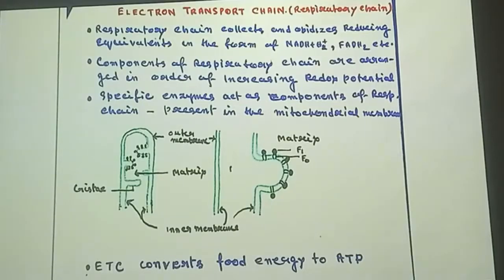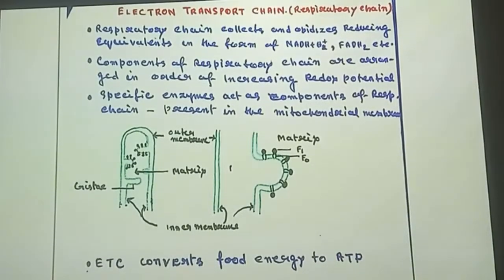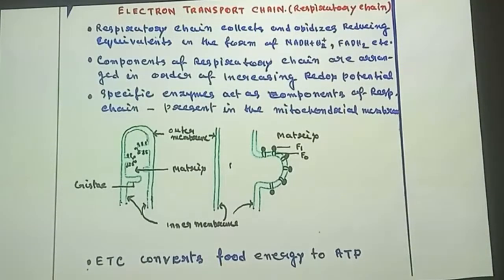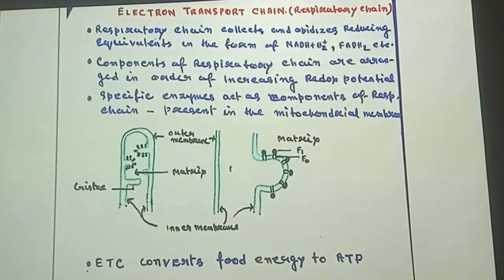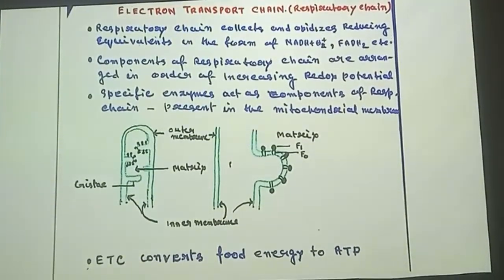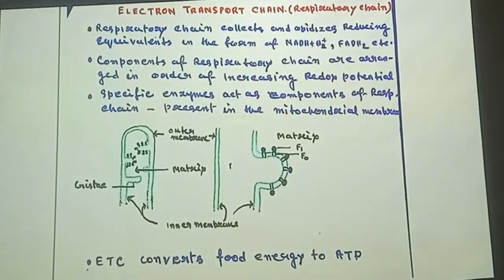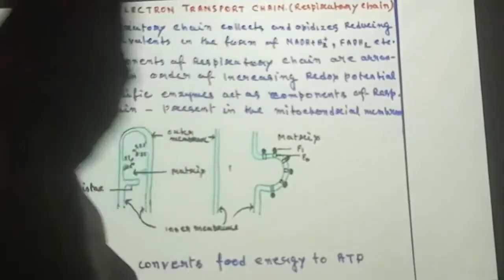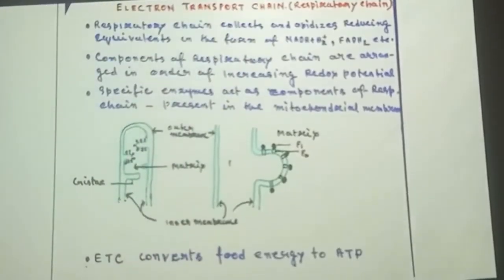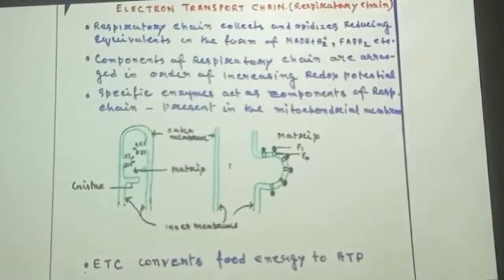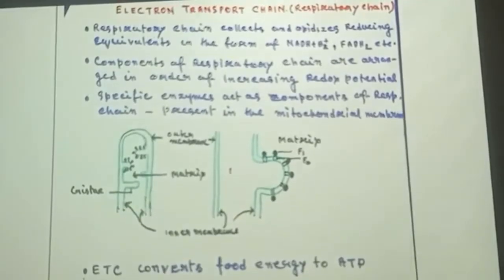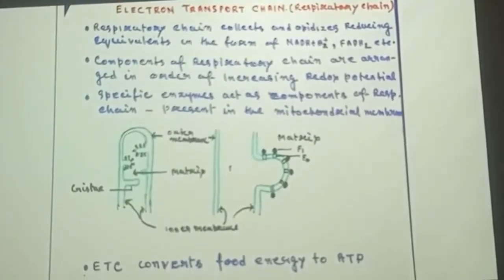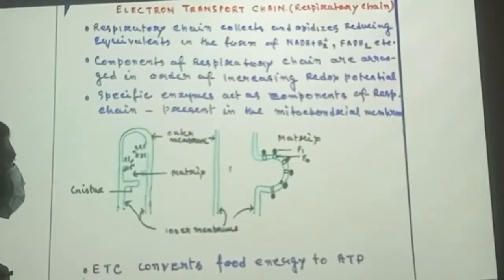Electron transport chain means that electrons pass through that chain, and ultimately the electron is transferred to the oxygen molecule, the final electron acceptor. Moving of electrons from this end to that end gives rise to energy, which is captured by oxidative phosphorylation, and that gives us a lot of ATPs.